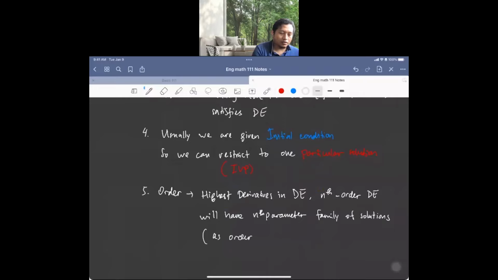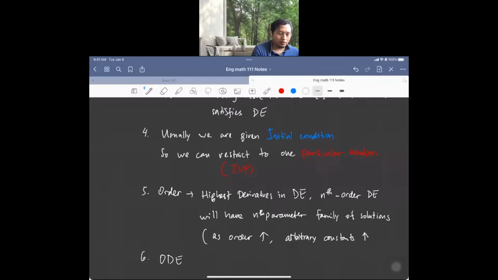So as the order increases, the arbitrary constants also increase. What this is about, we will go into in detail later.